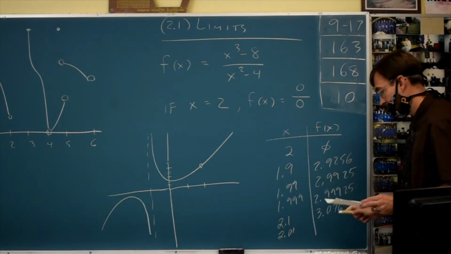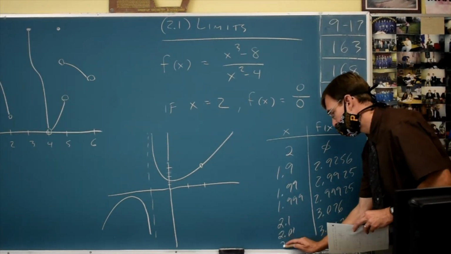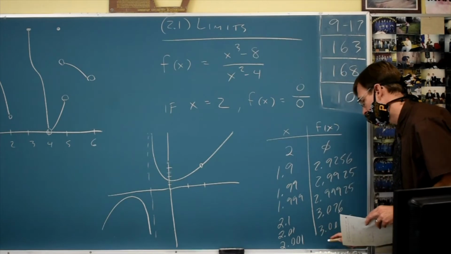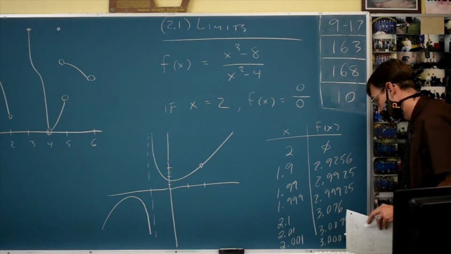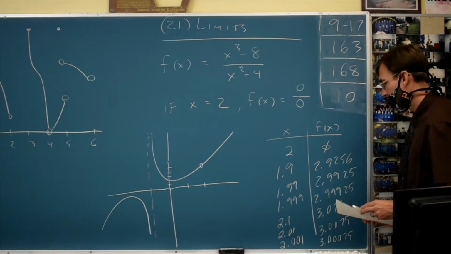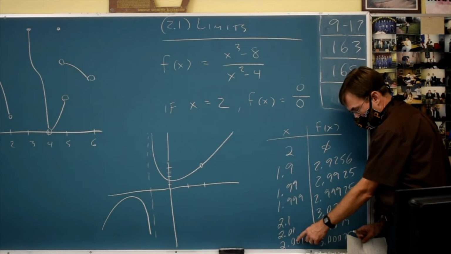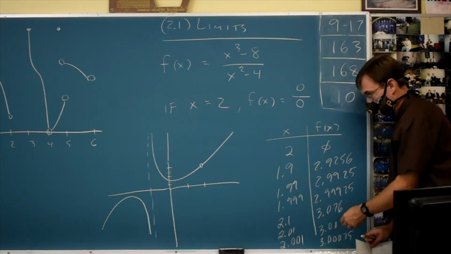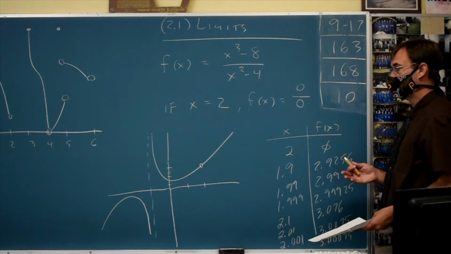That would give us 3.0075. Better than that is 2.001. That could give you a 3.00075. At which point you get the same sense. When these get super close to 2, the results are getting super close to 3. That's the idea of limit.